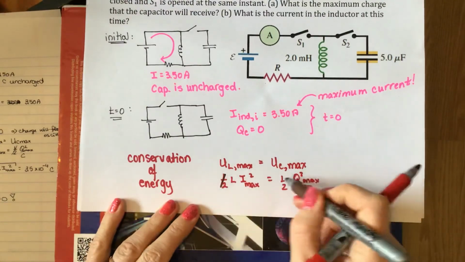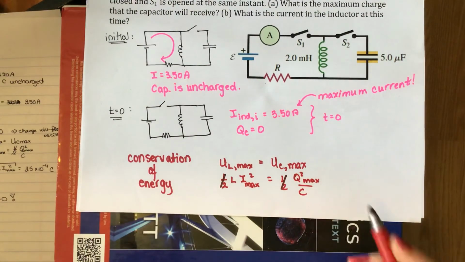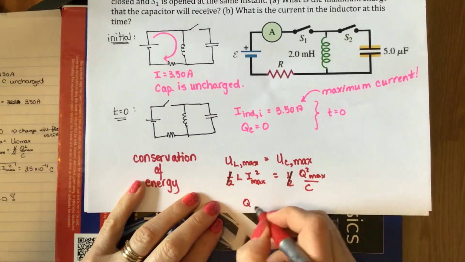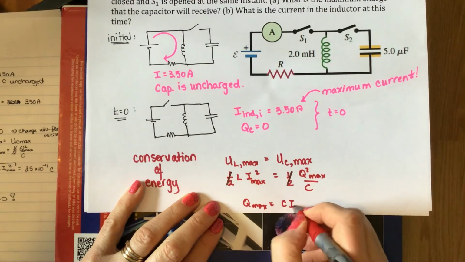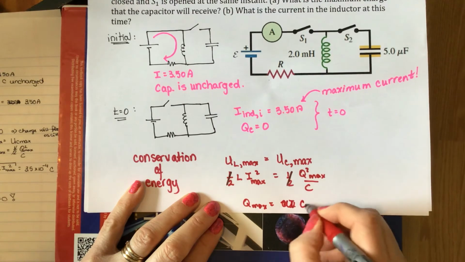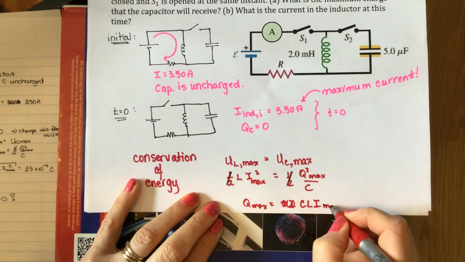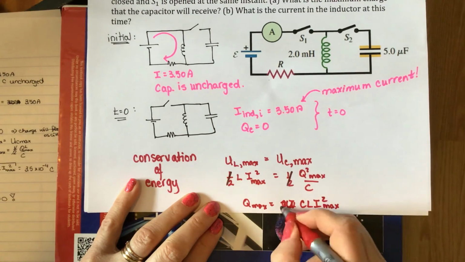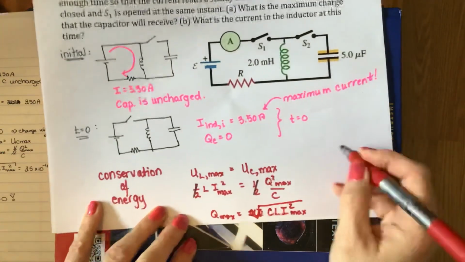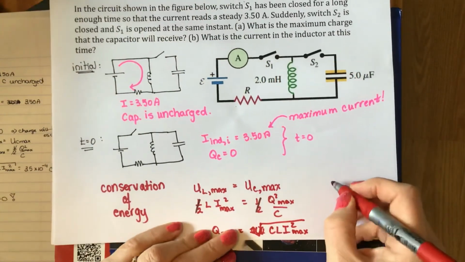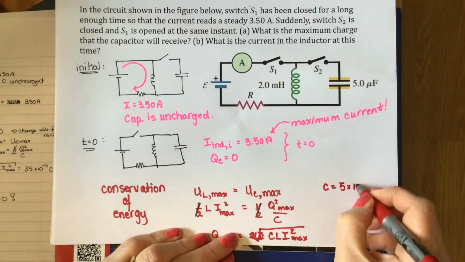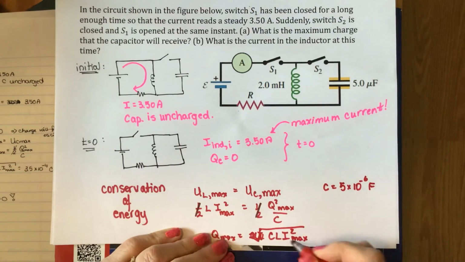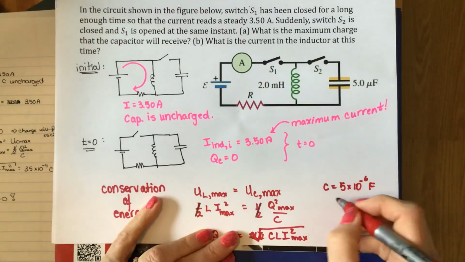Those 1/2s cancel. So Q squared is going to be C times L times I squared. That's Q squared. To get Q, we take the square root of the whole shebang. So our capacitance C is 5 microfarads. Our inductance L is 2 millihenries.